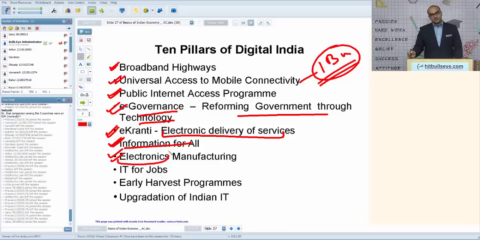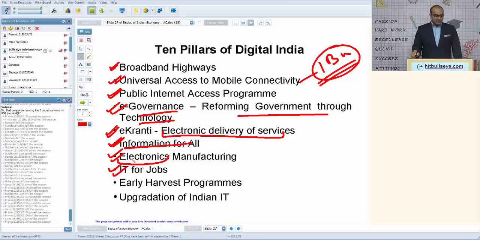So over here also Digital India focuses. Digital India will also aim to create professionals for IT jobs in terms of their training, including early harvest programs, that is catching the people young, in terms of knowledge of information technology and upgradation of the Indian information technology sector.